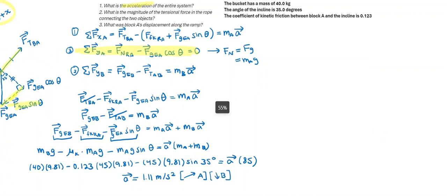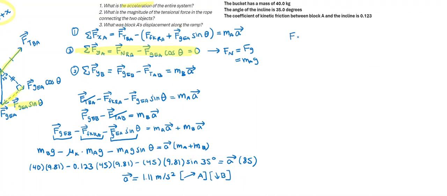So that's the first part. We found the acceleration of the entire system. Now let's move on to question 2, which is asking for tensional force in the rope connecting the two objects. So this is very simple, just like before. I'm gonna pick equation 2 and plug in the values to solve for Ft.